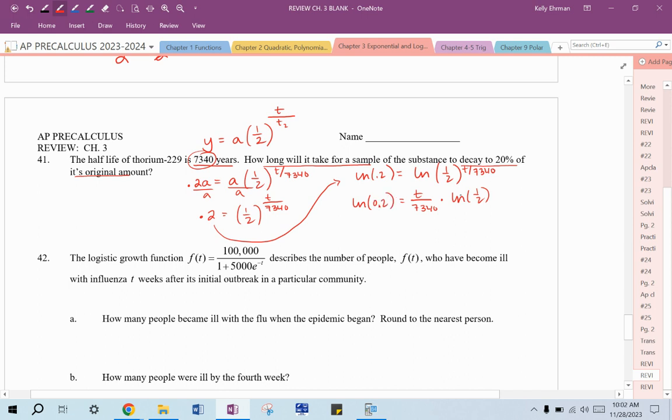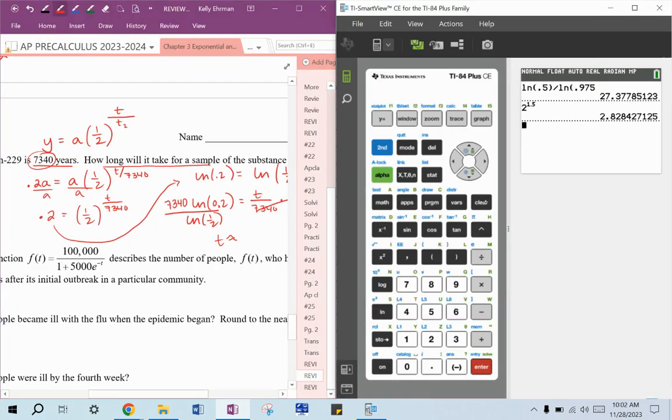Solve for t. So if this is natural log of 1/2 over 7,340, you multiply by the reciprocal to get rid of those two things. So this is t. Let's see what that's approximately equal to. 7,340 times natural log of 0.2, divided by natural log of 0.5.